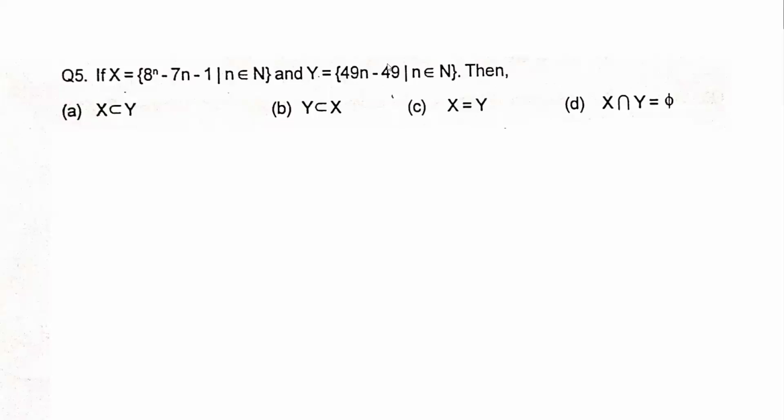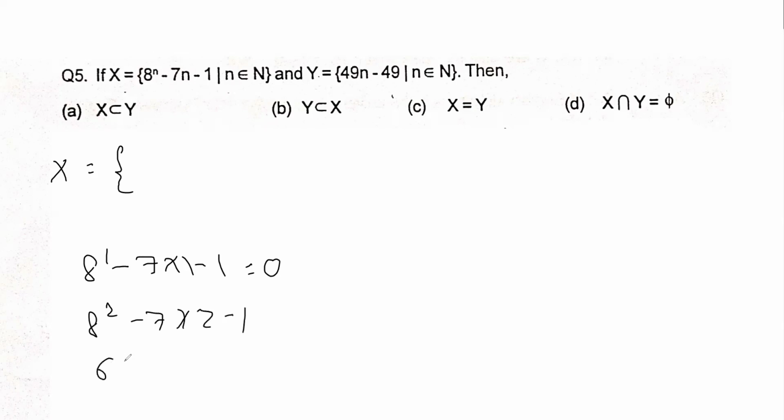Now, the first thing we will do here is to figure out what set X is. We see that n is a natural number. So replacing n with the first natural number, 1, we get 8 minus 8, that is 0. Now replacing n with 2: 64 minus 15 should give you 49.